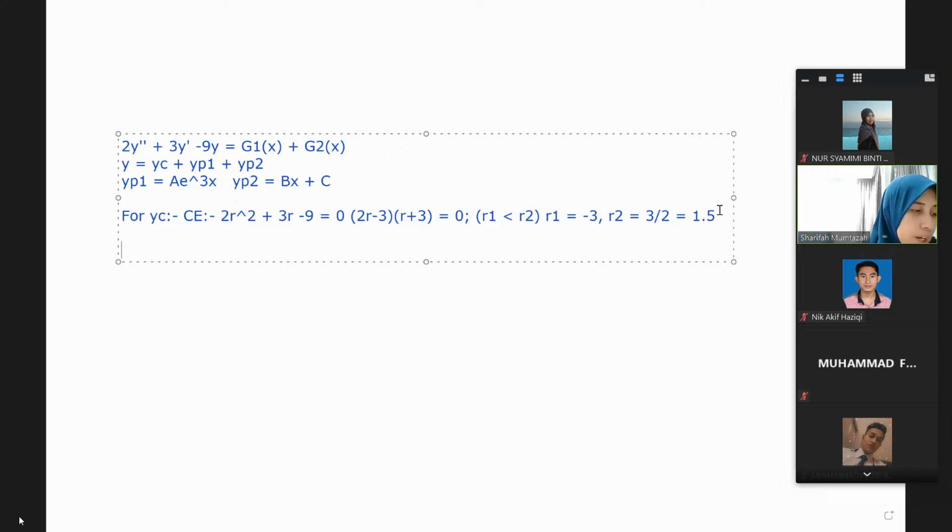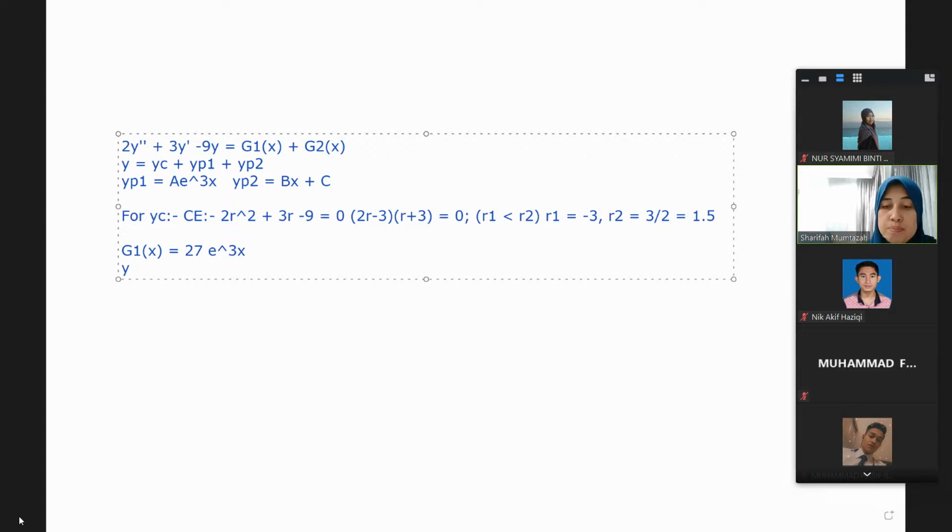So for group 1, you have G1X is equivalent to 27 e to the power of 3x. Okay, so in this case, YP1 is equivalent to this.